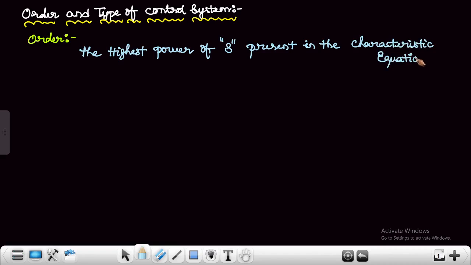So that is called the order of the system. Let us understand, first we will understand the characteristic equation, then we will go for the highest power of S.